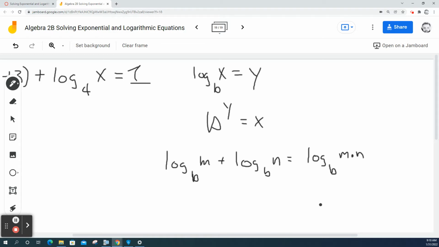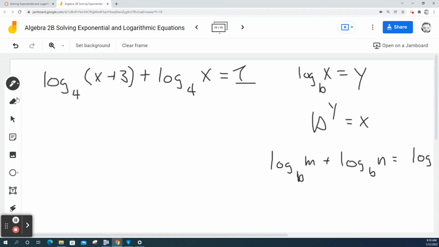Okay. In other words, and so we got to double check this. First thing you got to do before you start applying the properties of logs, check the bases. Are they the same? Yes. So that means that I can take this and multiply it by this.